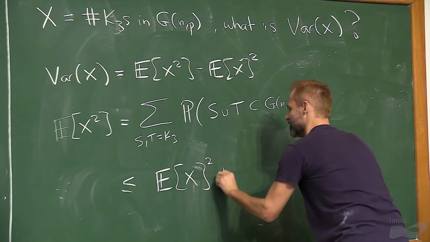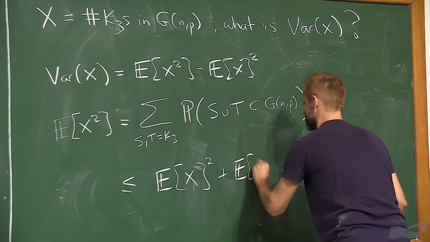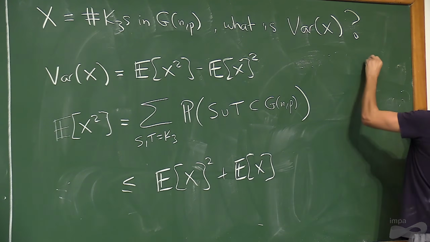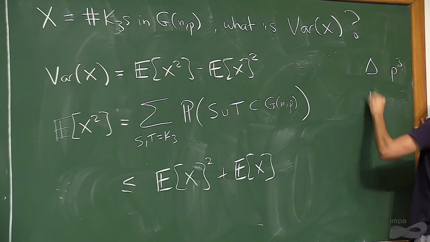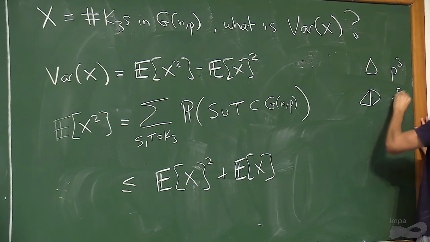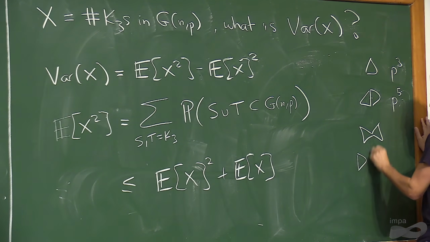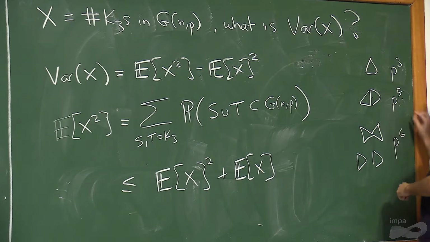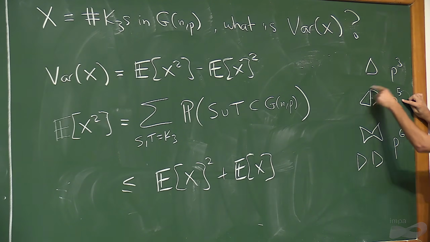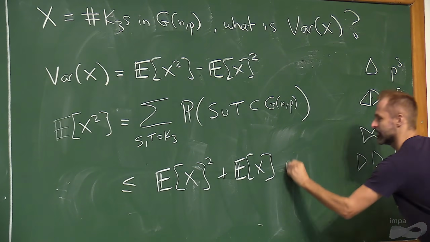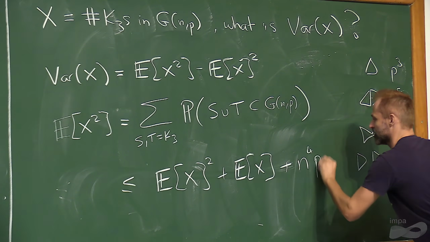squared plus expectation of x plus, so there were these, and there were these, and these. So if you add on these, there's 1, 2, 3, 4 vertices. So it's n to the 4, p to the 5.